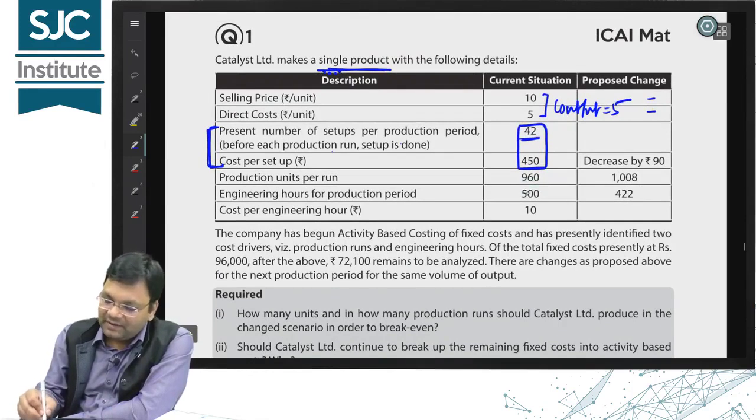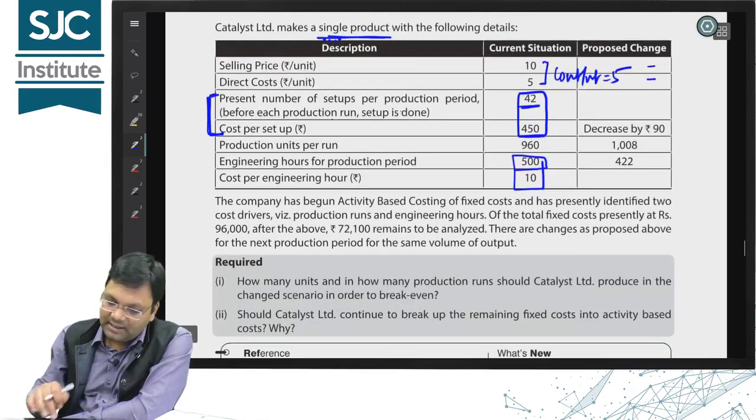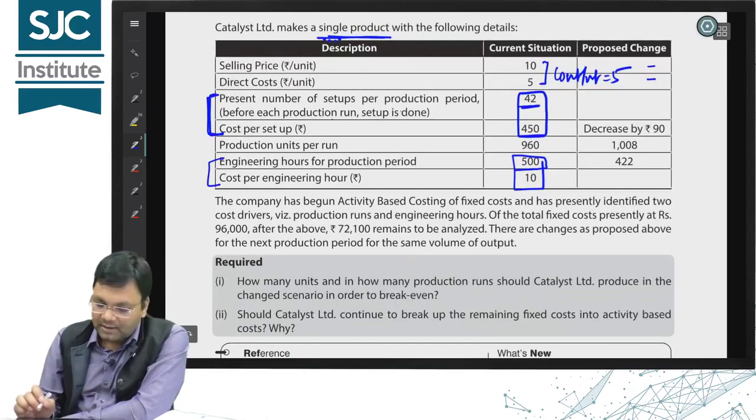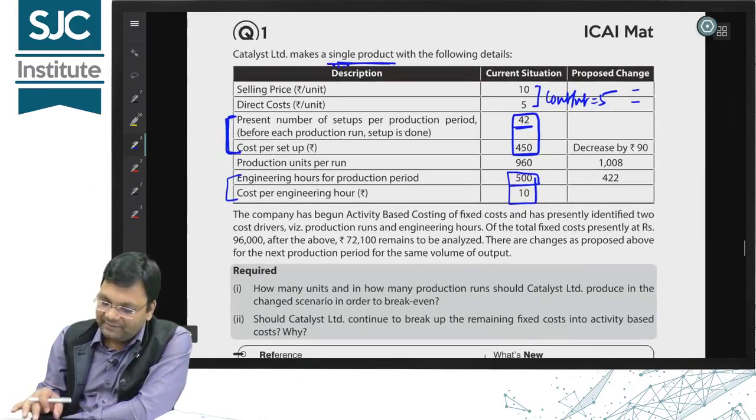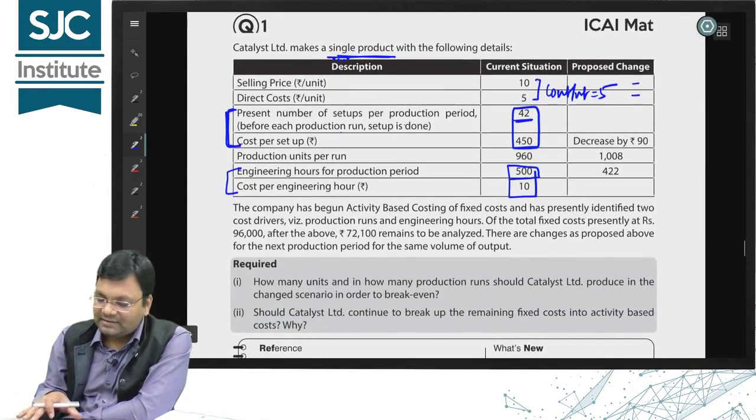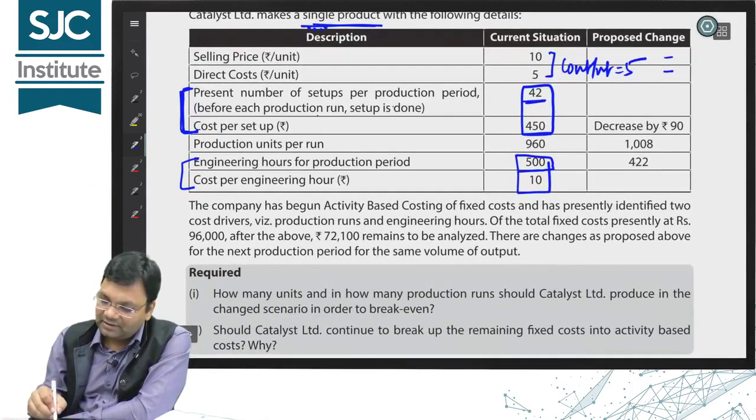Then engineering hours for the period is 500 and cost per hour is 10. So these two give me another cost, engineering cost. Now the company has begun activity based costing of fixed costs. It has presently identified two cost drivers, production run and engineering hours.